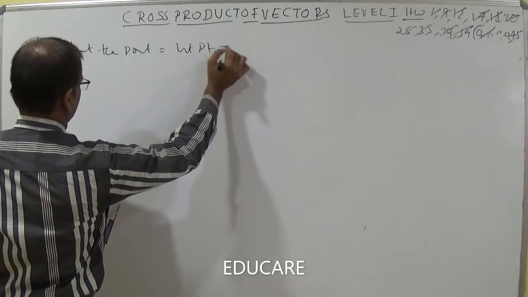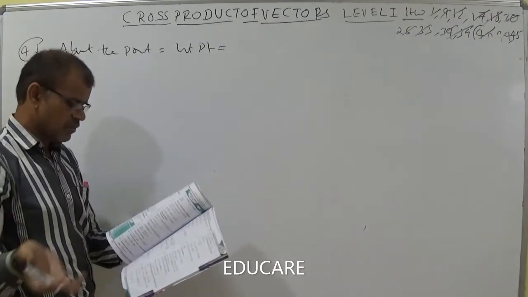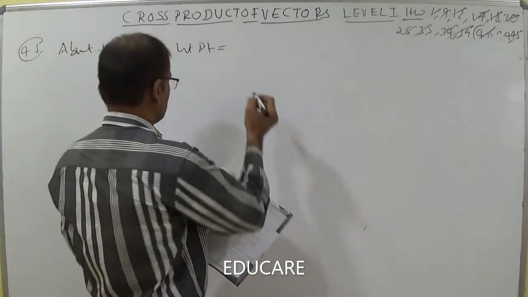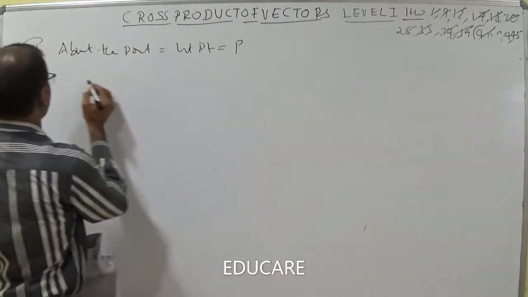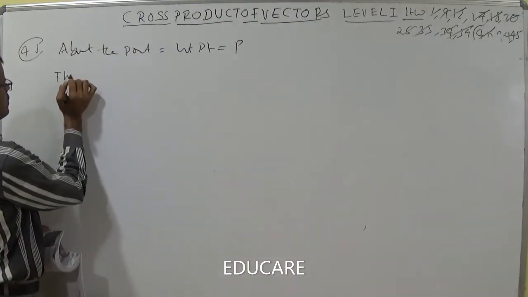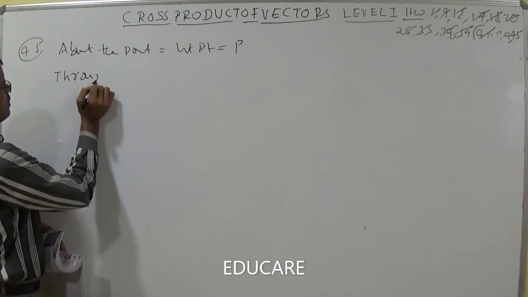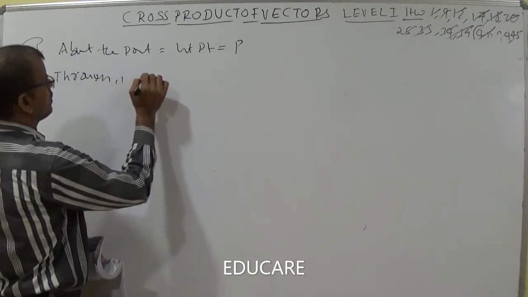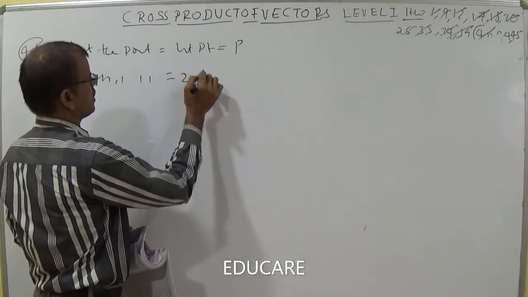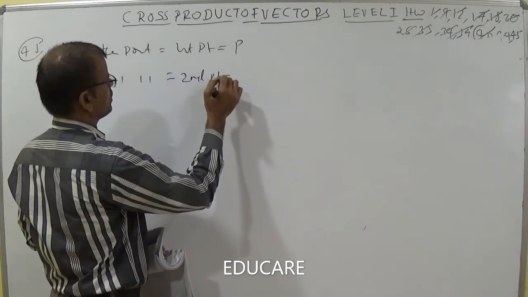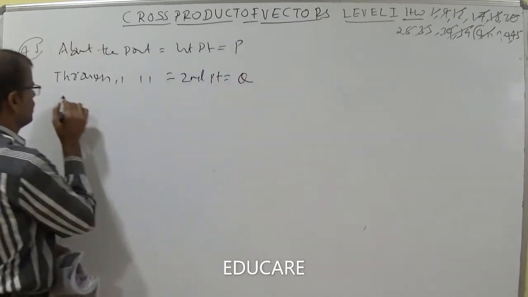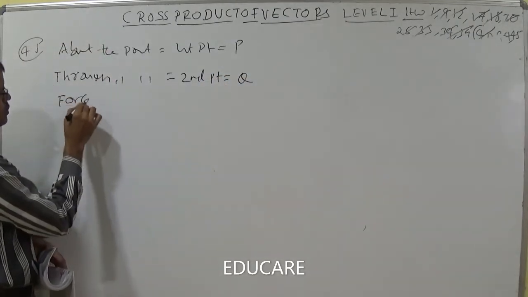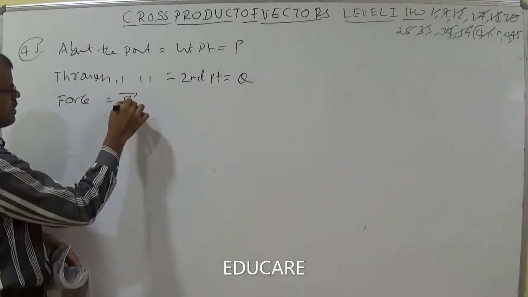Previously I said, let it be the name P. If he gives a Q, you can put that. If he did not give any name, about the point you can think of as the first point. Next, through the point, you can understand as the second point. Second point, put Q. Next, force. Force, you can indicate with the letter F bar.